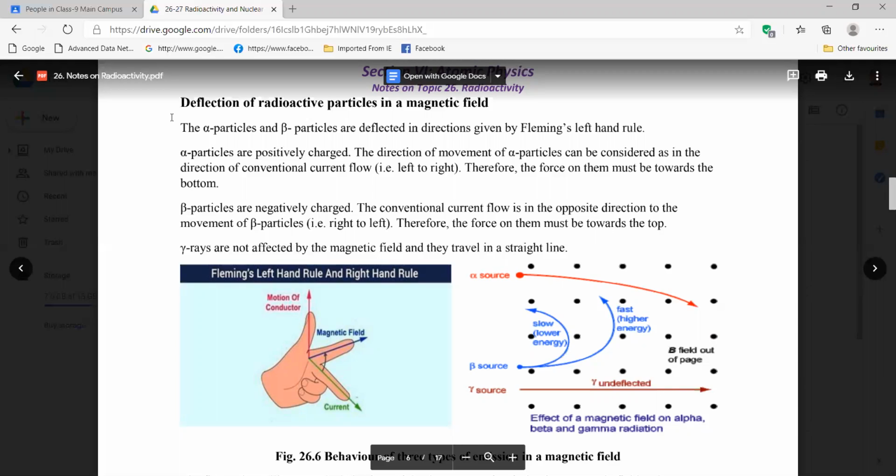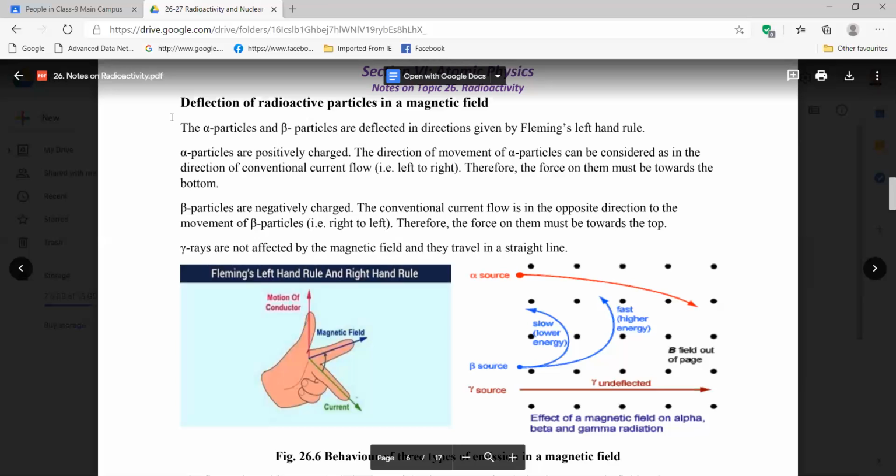Therefore, the force on them must be towards the bottom. Beta particles are negatively charged. The conventional current flow is in the opposite direction of the movement of beta particles, i.e. right to left. Therefore, the force on them must be towards the top. Gamma rays are not affected by the magnetic field and they travel in a straight line.